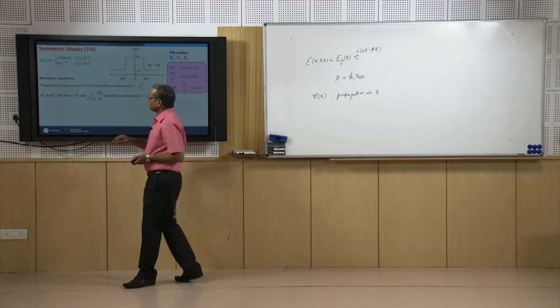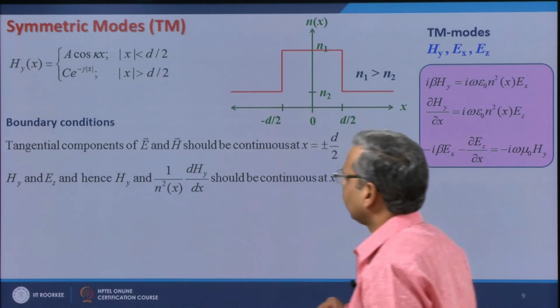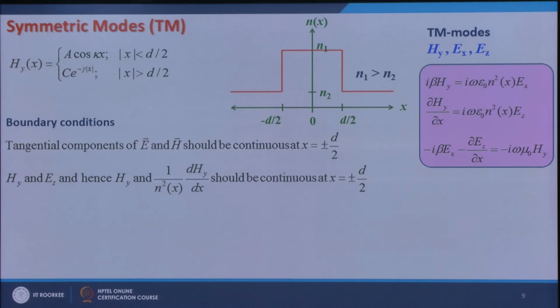So, Hy and Ez should be continuous. How is Ez related to Hy? Ez is related to Hy with some constant times 1 over n square dHy over dx. Because this n square depends on x, I should take it to that side.